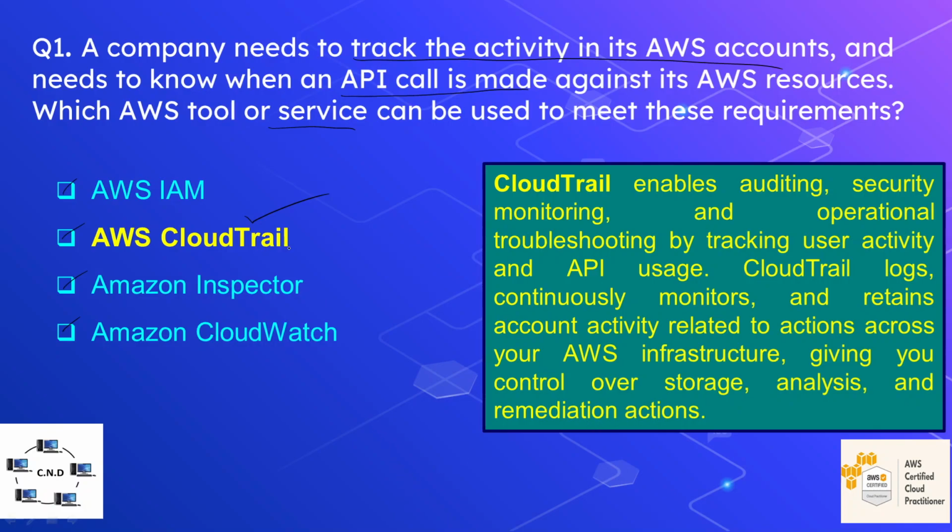So basically, CloudTrail logs any activity of your API usage. Whenever there is a call or request made to the API, it is logged and stored by the CloudTrail service.